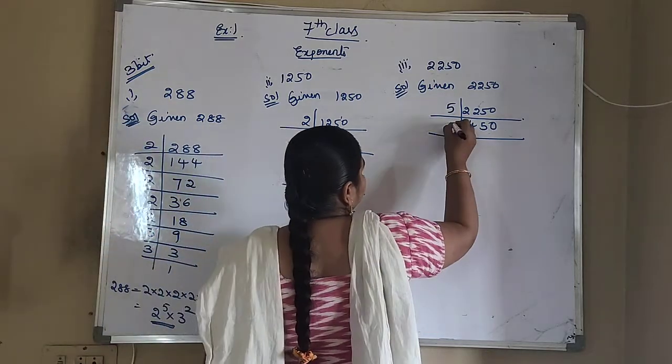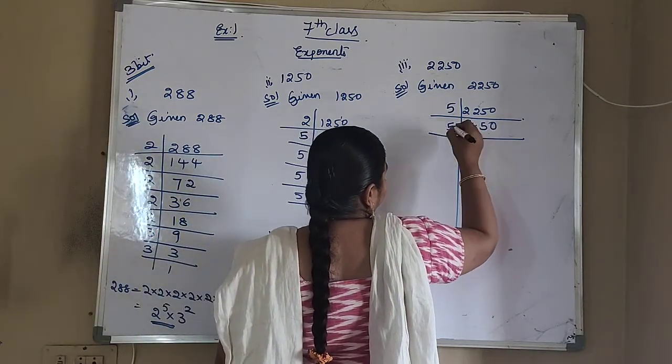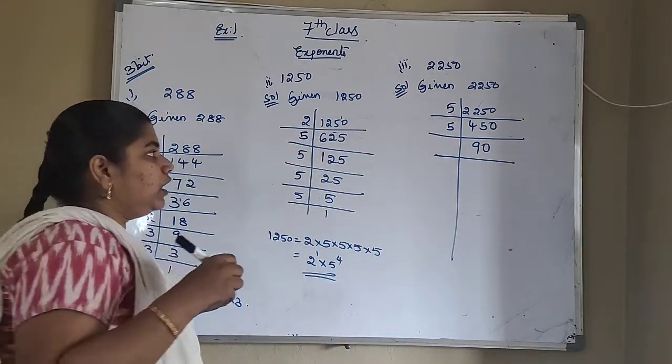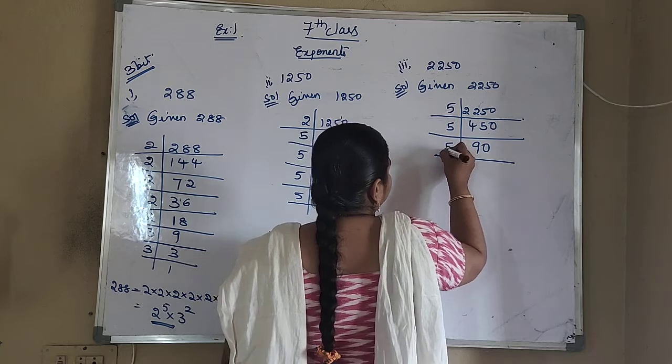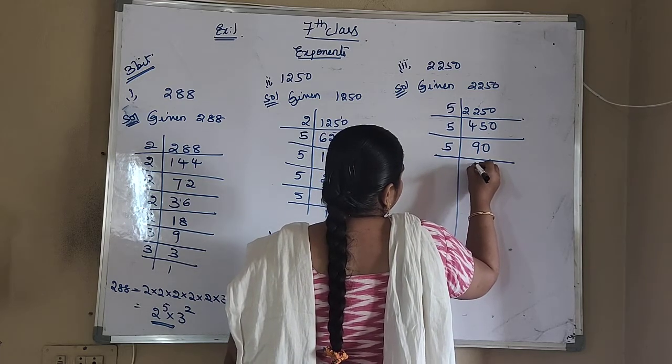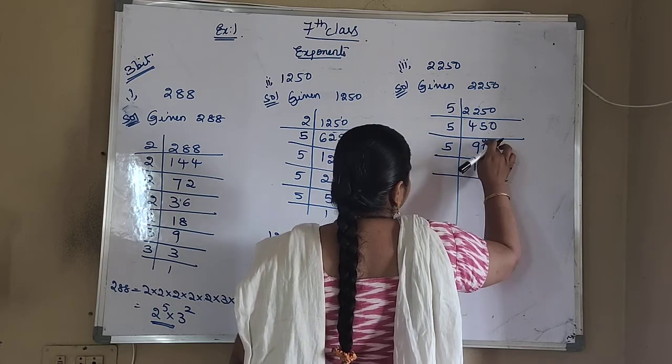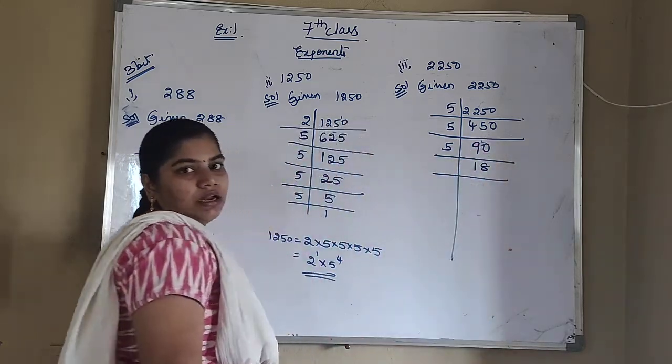Now again in 5 table, 5 9s are 45, 5 zeros are 0. 5 90s is 450. Okay, now again in 5 table, 5 1s are 5, 4 will be remaining, 5 8s are 40. That is 5 18s is 90.